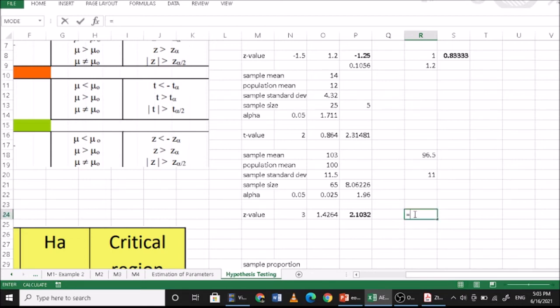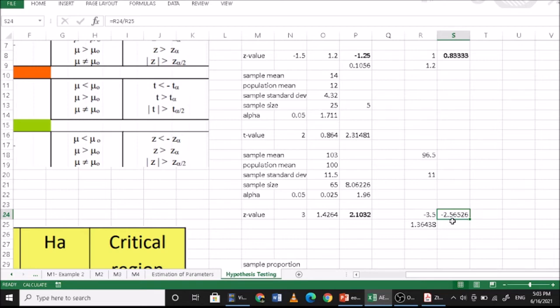So we have sample mean minus population mean, and then the sample standard deviation divided by the square root of n. The result is negative 2.56, and the absolute value of negative 2.56 is 2.56.